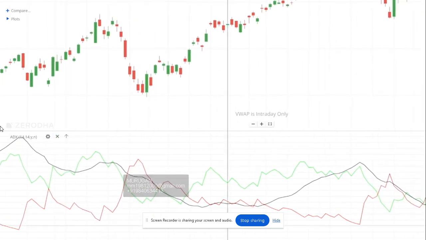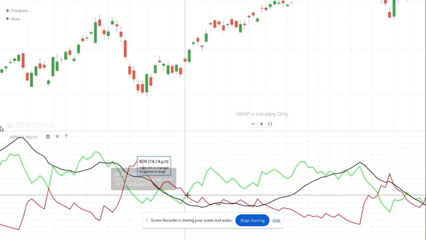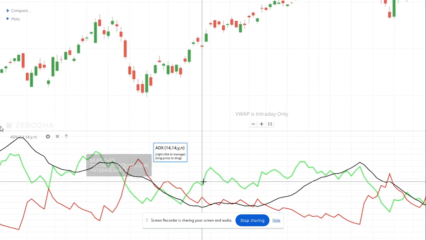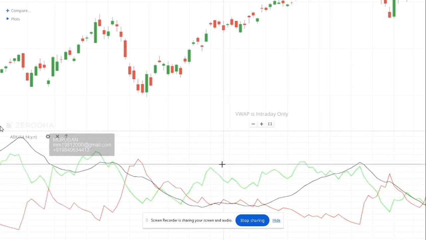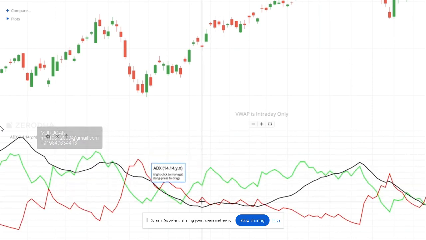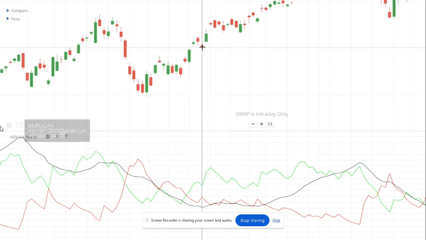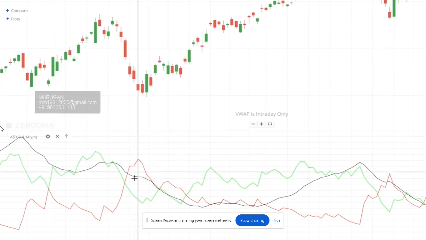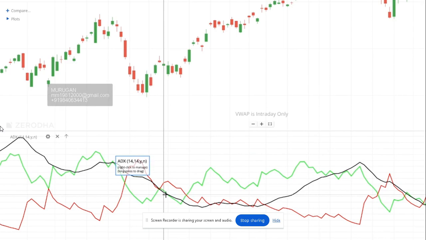Now if you see at this point, or maybe at this point, somewhere here, you can see that the green line is above the red line, so that means the market is bullish. But whether that bullishness will continue or not, that is the main question. Here also the market is bullish, but we are not very sure because the ADX is coming down.